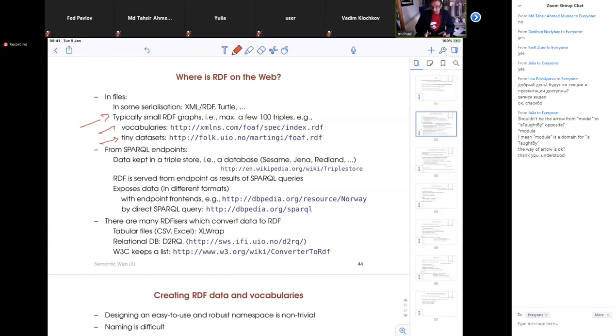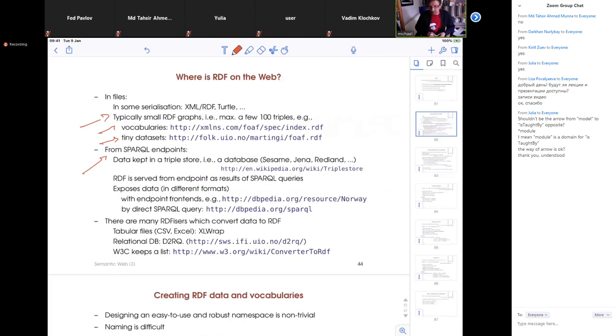More importantly, RDF data are available from the so-called SPARQL endpoints. SPARQL is the query language for RDF. Endpoint is a very ugly looking window where you, or your computer agents, can query the RDF data. For example, many governments in Europe provide a lot of information about many things in the RDF format.